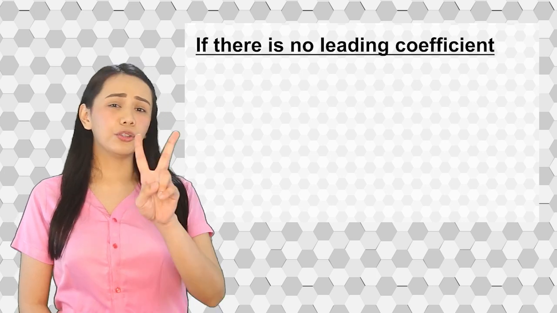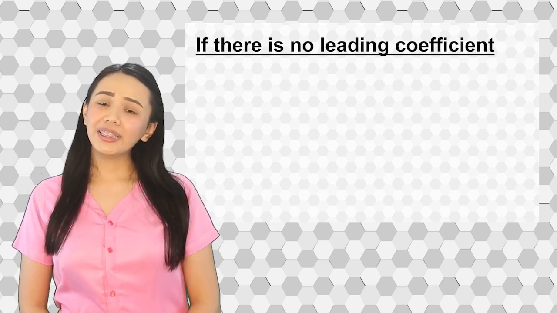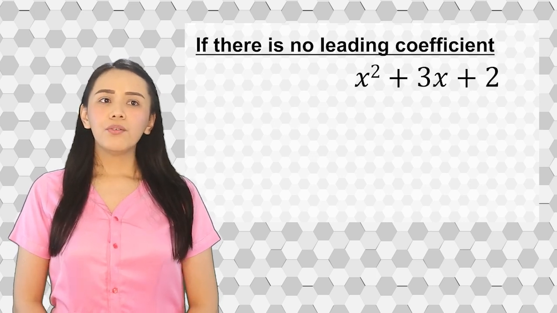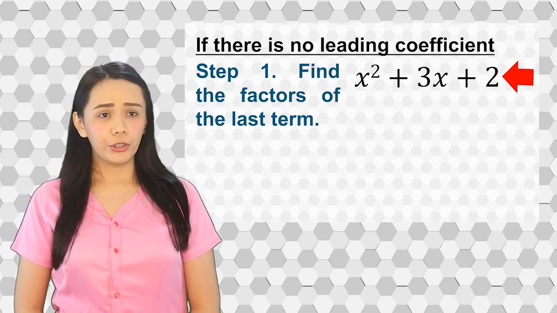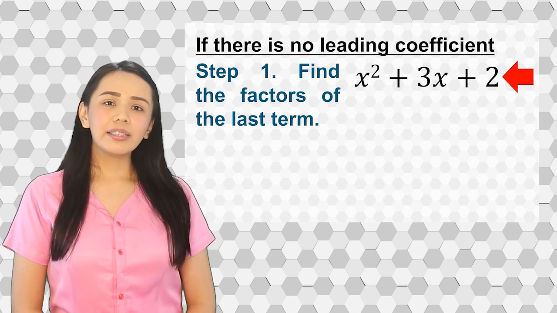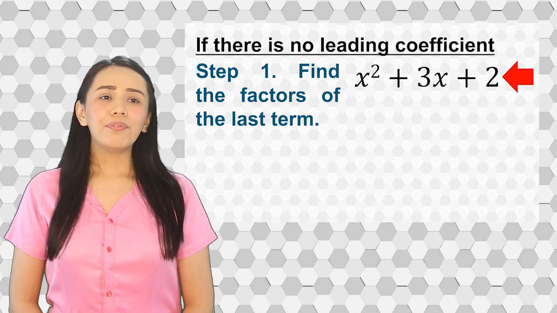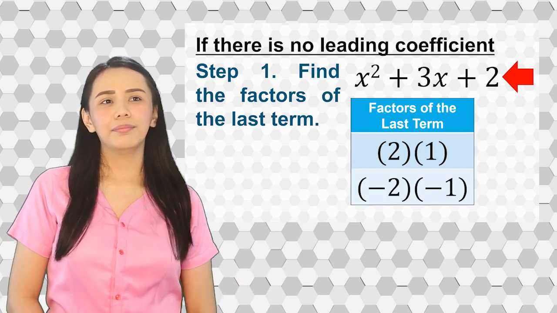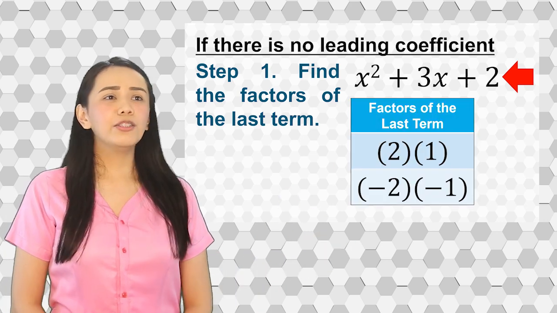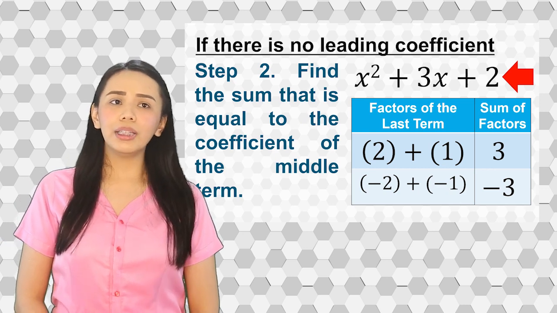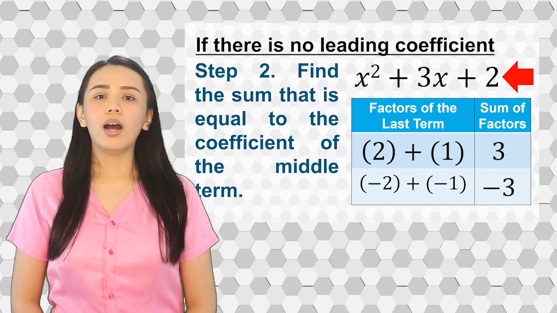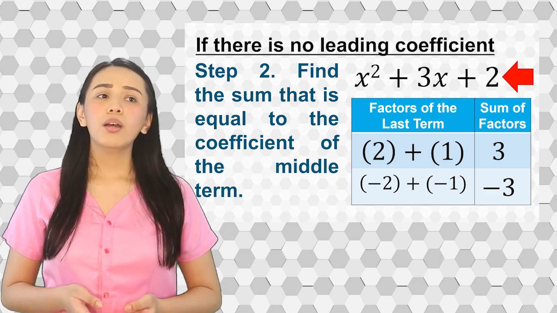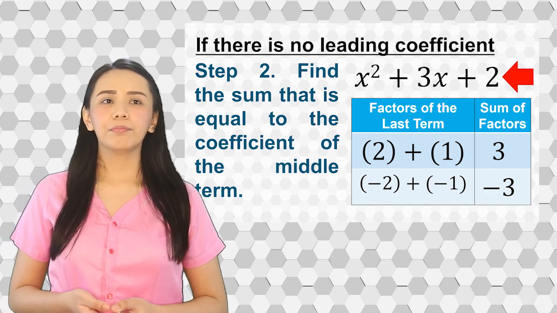Factoring the first classification is done in 2 steps. The first step is to find the factors of the last term for x to the power of 2 plus 3x plus 2. The factors of 2 are the following. Second is to check if the sum of these factors is equal to the numerical coefficient of the middle term, which is 3.